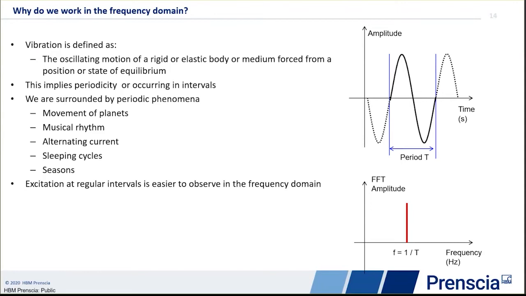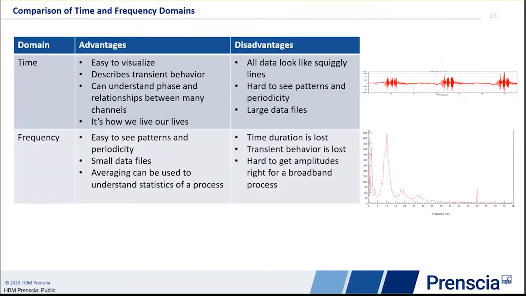The periodicity of signals is sometimes helpful in arriving at meaningful results. An excitation at regular intervals is easier to observe in the frequency domain, but this may not be possible in the time domain.